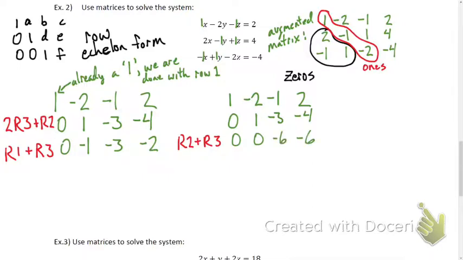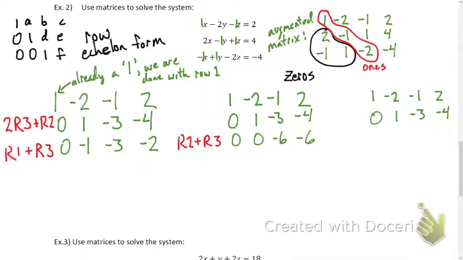Now we're really close. Copy row 1 and 2 again. And I need that negative 6 right here to turn into a 1.